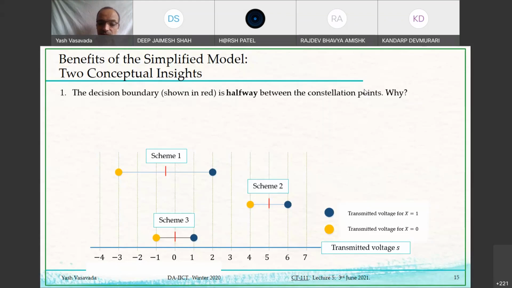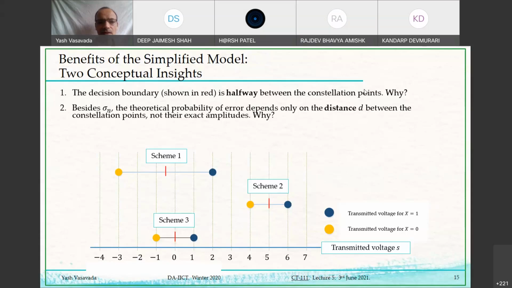What about the exact mathematical expressions? Sir, for scheme 1 A will be 1.5. Yeah. Instead of A, maybe start thinking in terms of D. And so D is going to be 5 for scheme 1. For scheme 2 and scheme 3, the distance is going to be 2 volts.